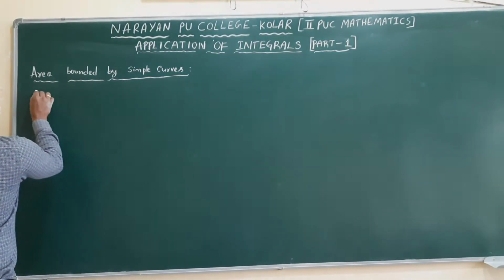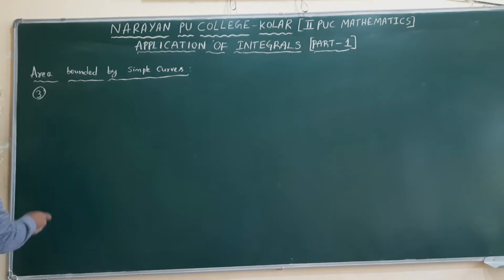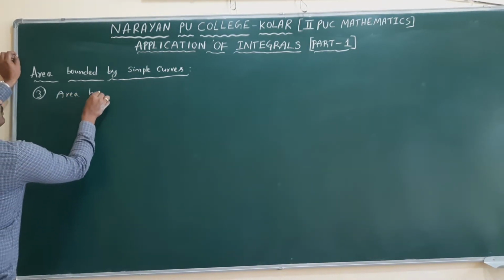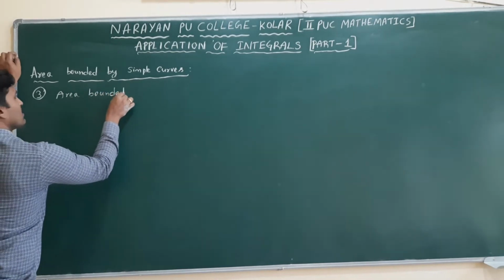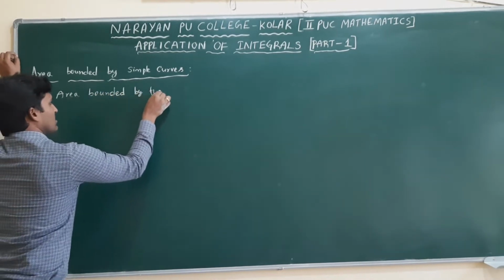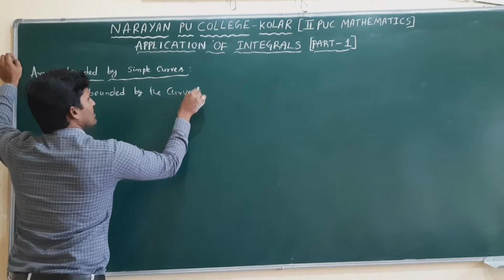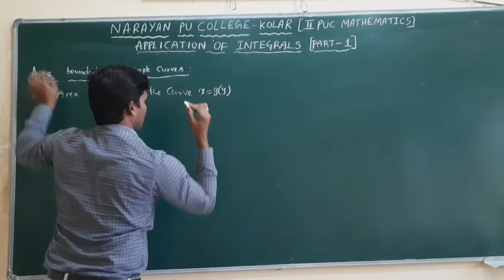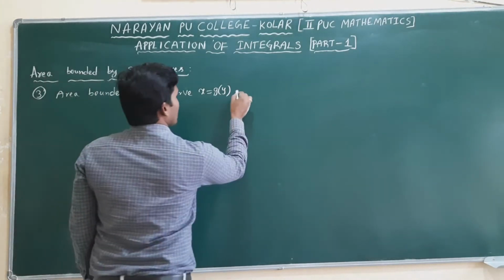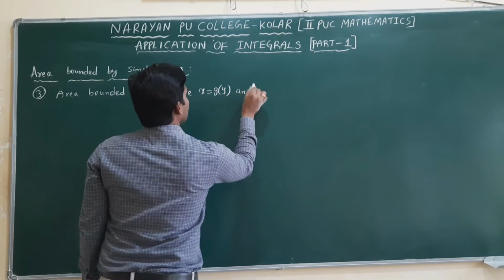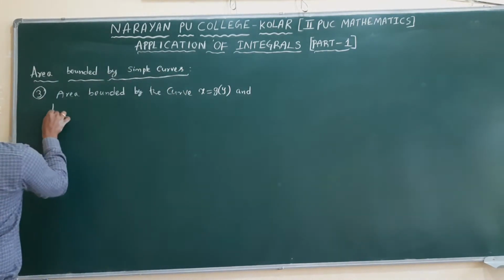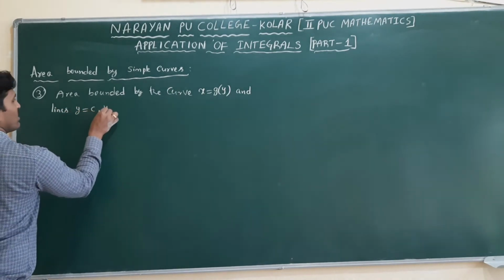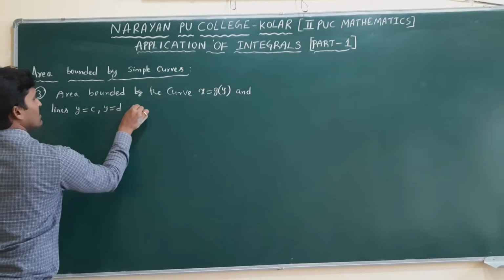Next, third type: how to find the area bounded by the curve, where the given function is in terms of y, x equal to g of y, and the lines y equal to c and y equal to d.